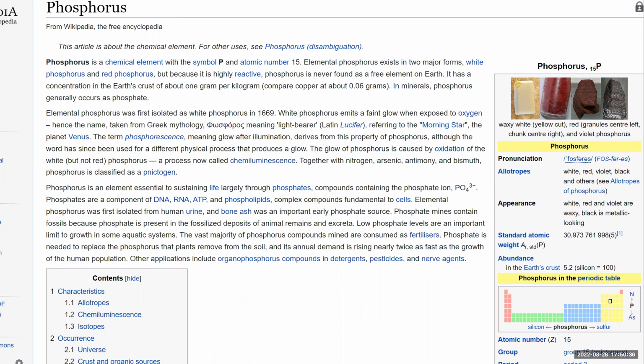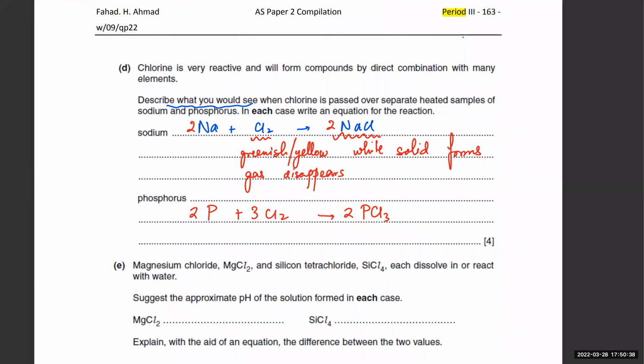अच्छा, so the first thing is in this one, इसके अंदर भी वही होगा. What will happen is that the greenish yellow gas disappears. Yellow gas, it is disappearing or becomes decolorized. अच्छा, what does PCl3 or PCl5 look like?